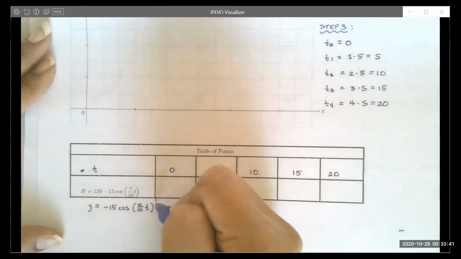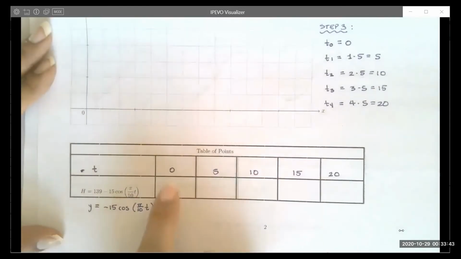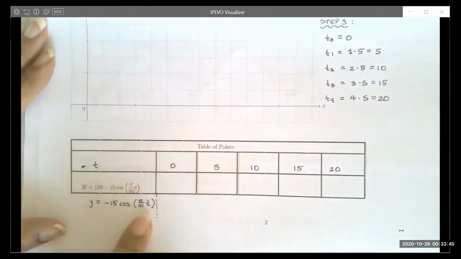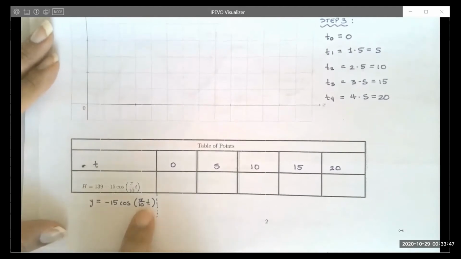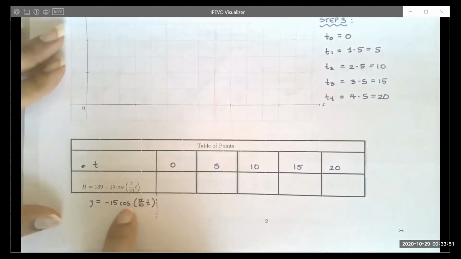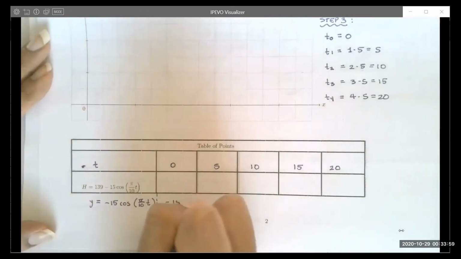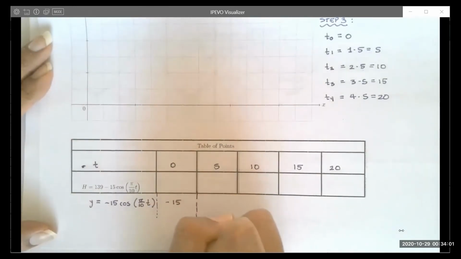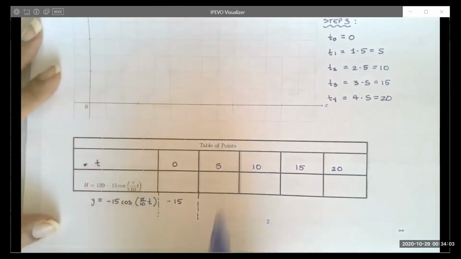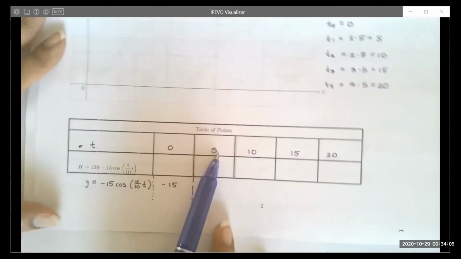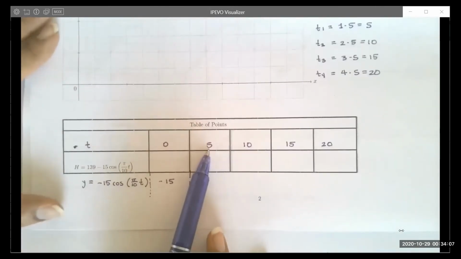Okay, so let's see, if we plug in a 0, this one we don't need a calculator for. Pi over 10 times 0 is 0, and cosine of 0 is 1, and negative 15 times 1 is simply negative 15. The next one we could also do, but if you want to use your calculator to verify, you can.